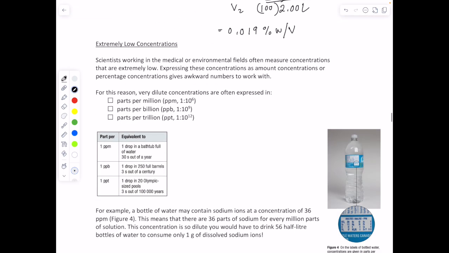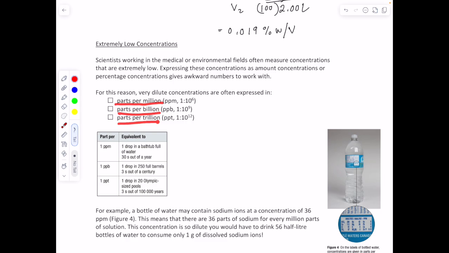Extremely low concentrations are found with scientists working in the medical or environmental fields, and if they express these concentrations as amount concentrations or percent concentrations, that would give them very awkward numbers to work with. So for this reason, very dilute concentrations are often expressed in either parts per million, parts per billion, or parts per trillion.